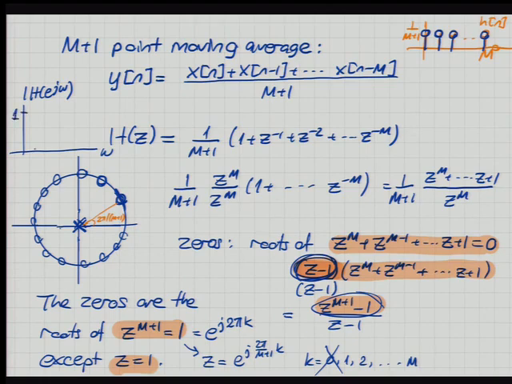That's because you can easily show the DC gain is 1. Just from this expression, h of 1 is 1. Can you see that? Because z is 1, you've added 1 m plus 1 times, so you get 1. So that's why the frequency response will start at 1. It will quickly go to 0 at that frequency, 2 pi over m plus 1. Okay? It will make an attempt to go up, but quickly it will go back to 0 again at twice the frequency. Okay? And it will keep going down until it reaches pi.